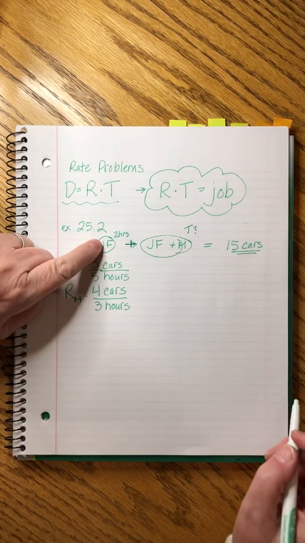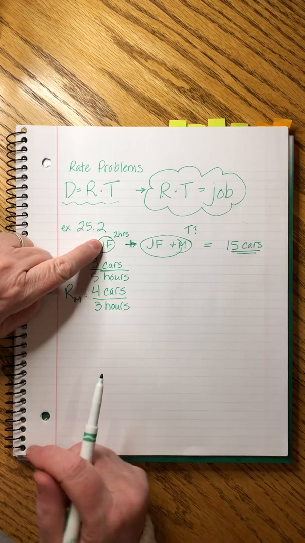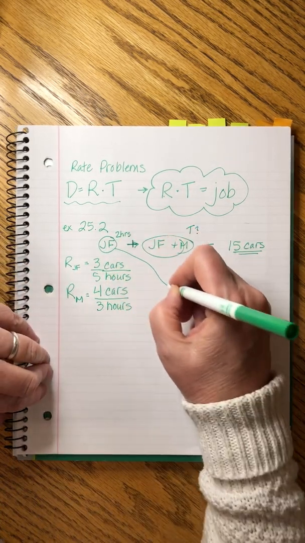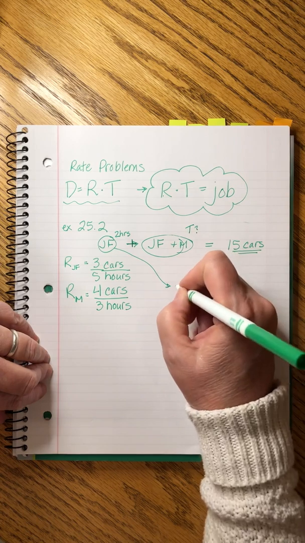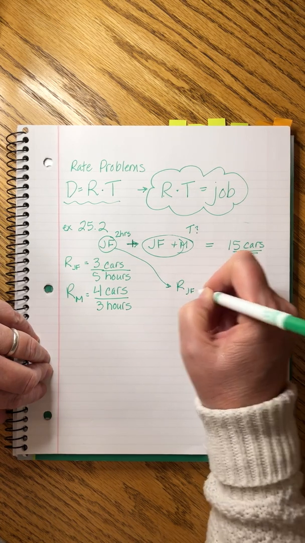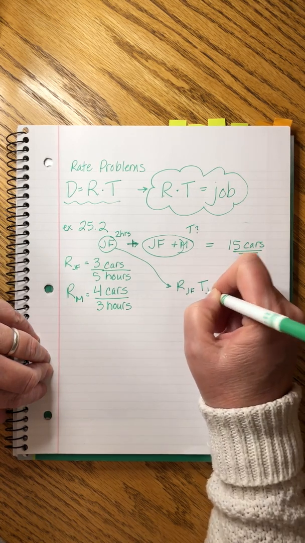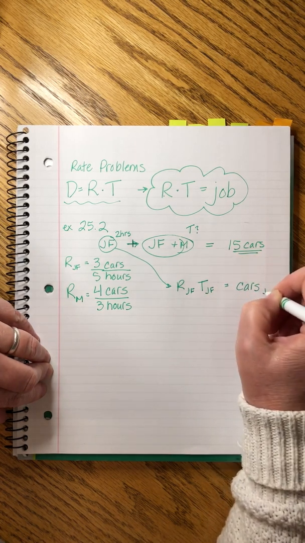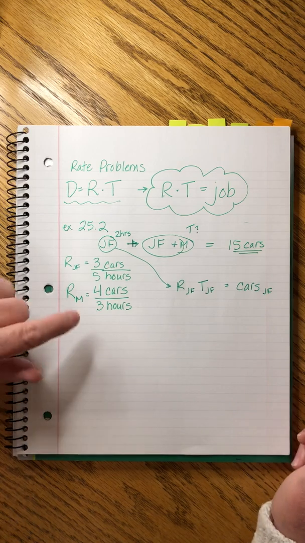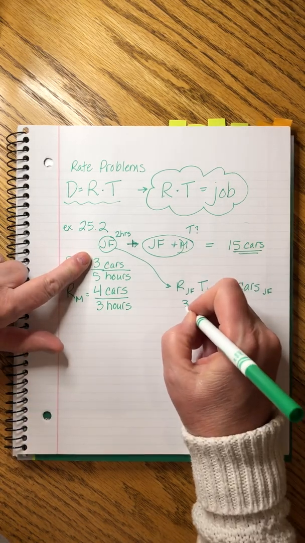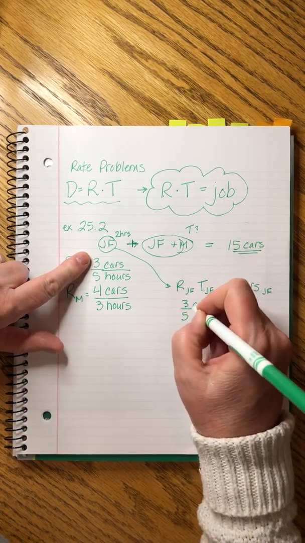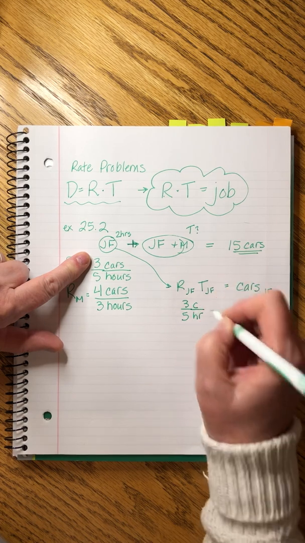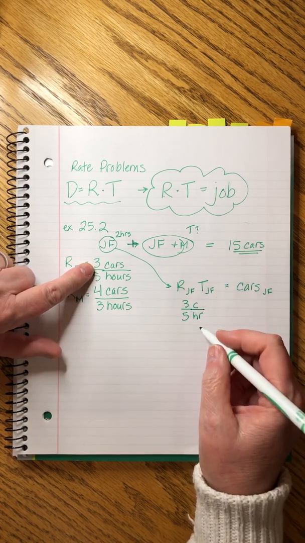Let's figure out how many cars he's going to wash in that 2 hours he works by himself. That will be the rate of Joe Frank times the time of Joe Frank will equal the cars of just Joe Frank. His rate is 3/5 cars per hour. I'm going to keep that in there to make sure I'm making sense.